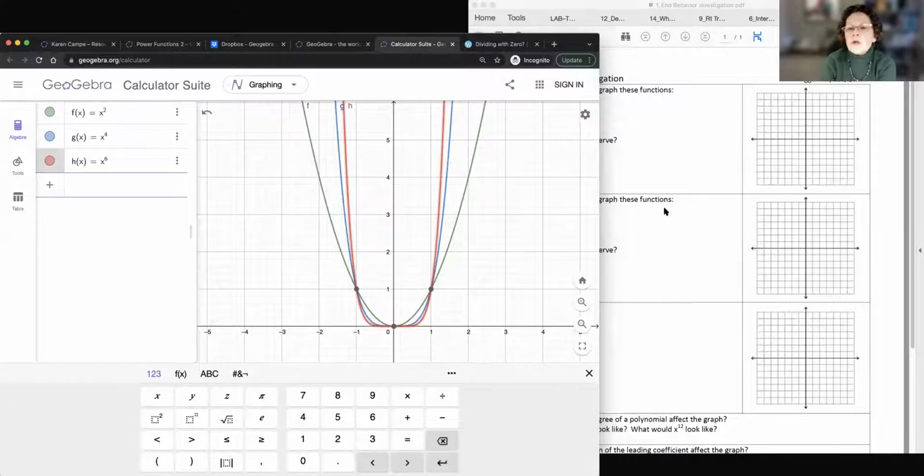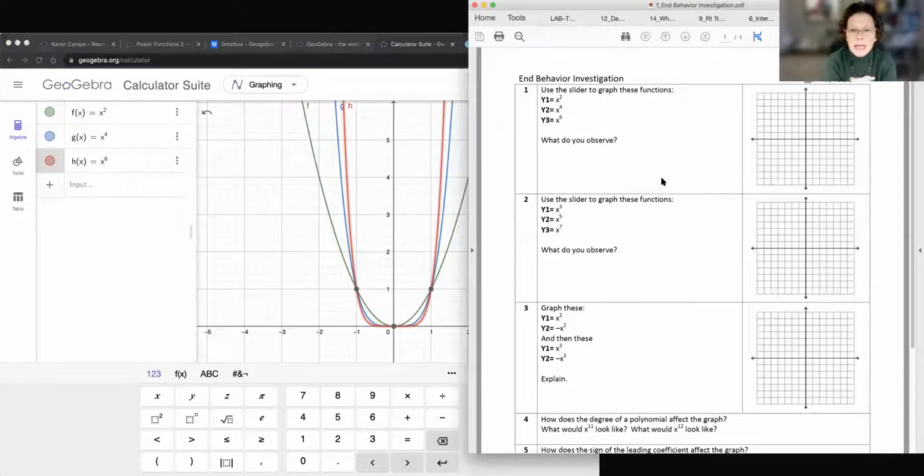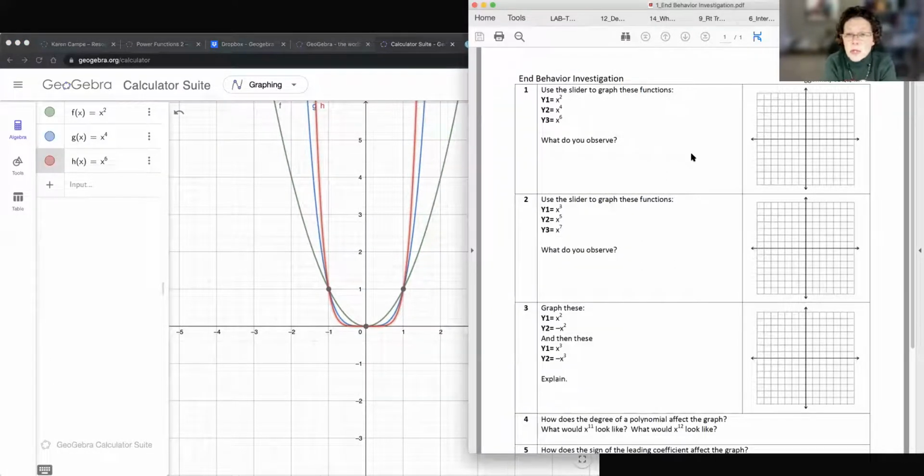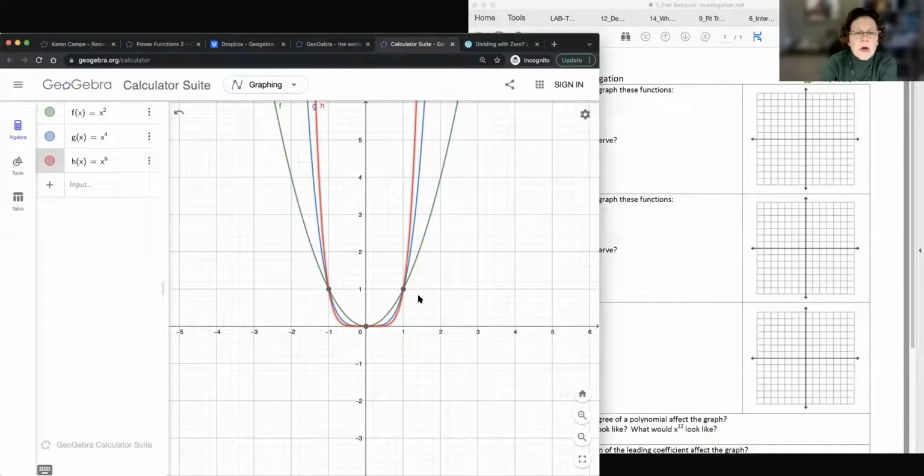And so my first question on the handout, I asked students, what do they observe? And my students observed things that I didn't necessarily intend to be part of the lesson. If my intention was to talk about end behavior, whether both sides of the graph go up or one starts down and ends up, my students looking at this graph noticed that we had points in common, or that the graph got steeper as the power increased, or that between 0 and 1, the graph got flatter.